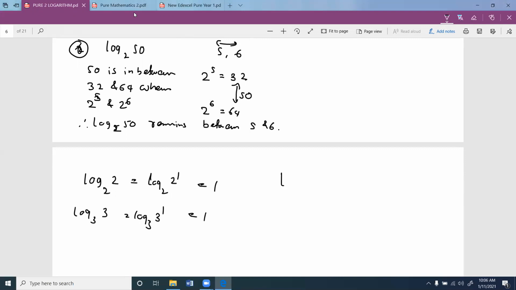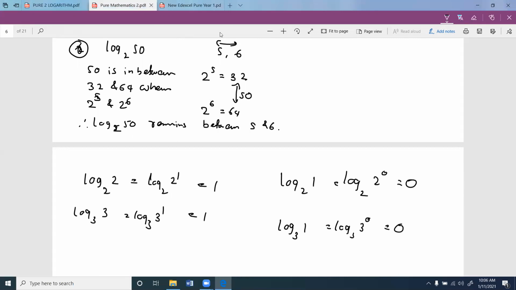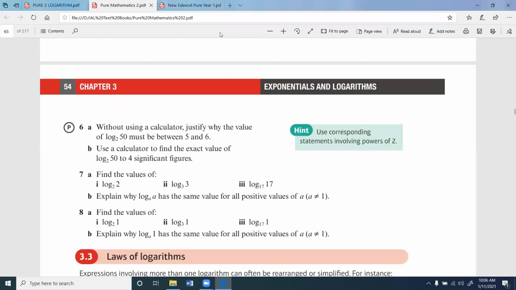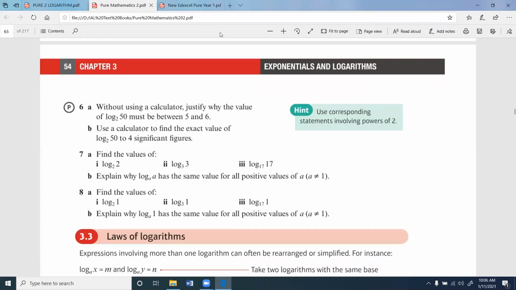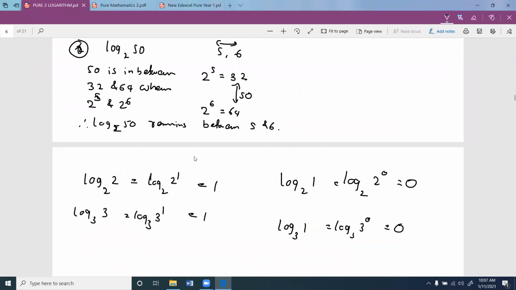If I say log_3 3, the answer is 1. Similarly, log_2 1 you can write as 2 to the power 0, so the answer becomes 0. Then log_3 1 is 3 to the power 0, this one also 0. So the logarithm of 1 becomes 0 for any base. From the next session, we'll be discussing the logarithm rules for further simplification.